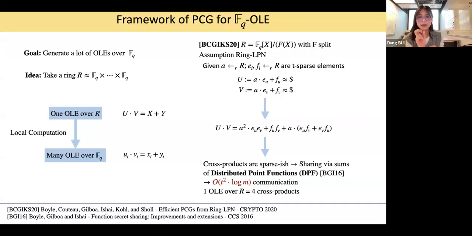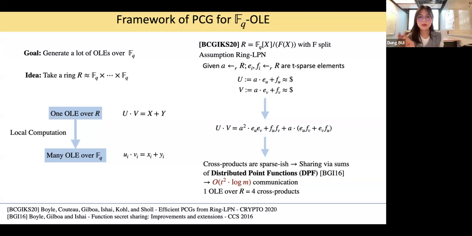But you can see that in e and f, all of them are sparse, so you need to secret share the cross product between sparse vectors, and the cross product of sparse vectors will be a sparse vector. To secret share the sparse vector, we use the distributed point function.